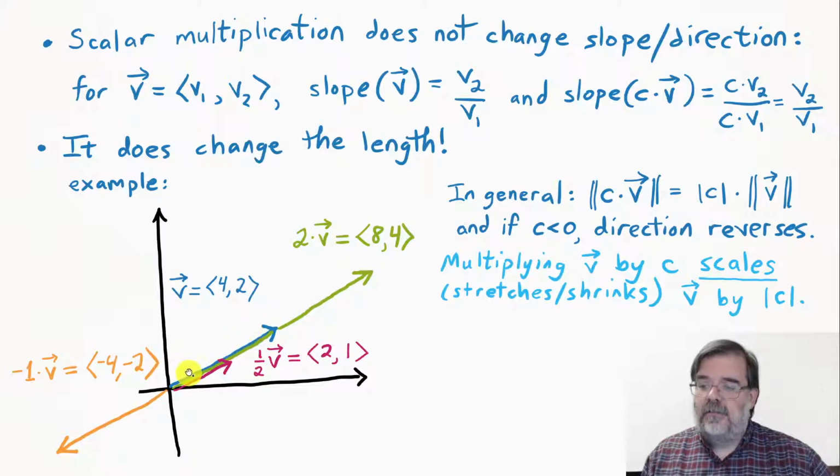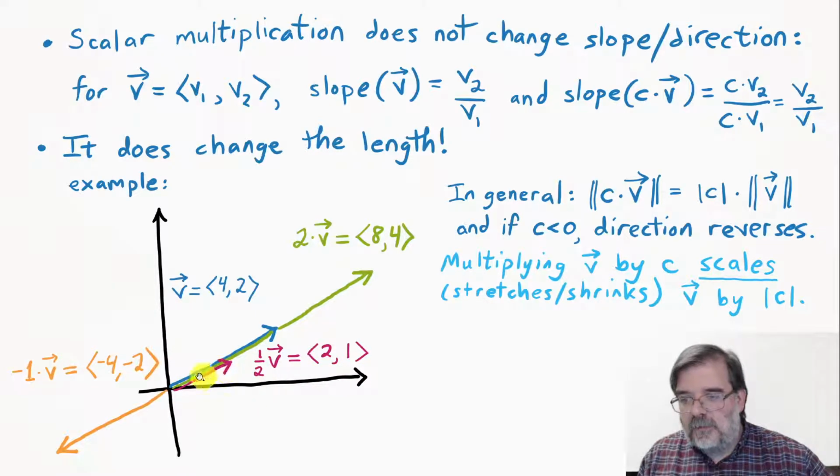If I were to graph this, and I'm drawing this vector with its initial point at the origin, it's pointing along the same direction, but it's twice as long. If I took this vector v and multiplied it by 1/2, right, 1/2 of the vector ⟨4, 2⟩ is the vector ⟨2, 1⟩. And if we were to graph this, I get this smaller red vector right here, which is half the length of our original vector.